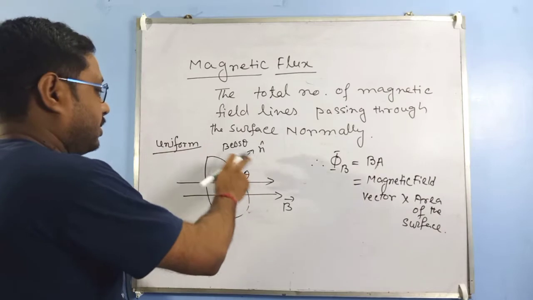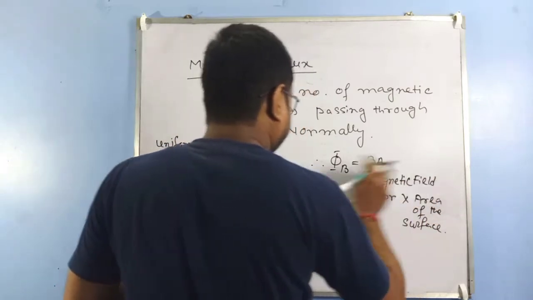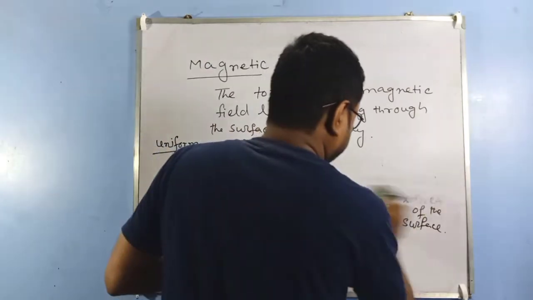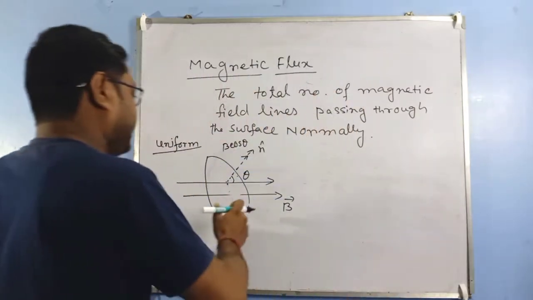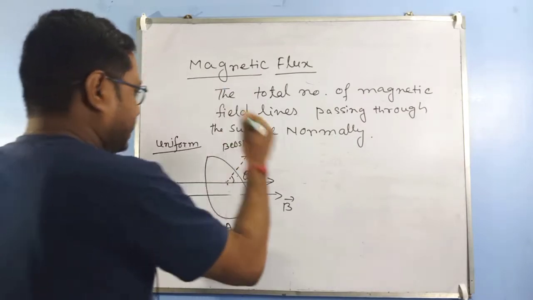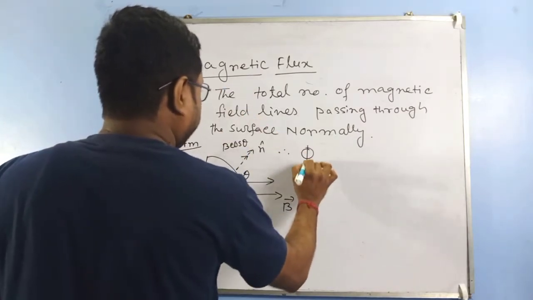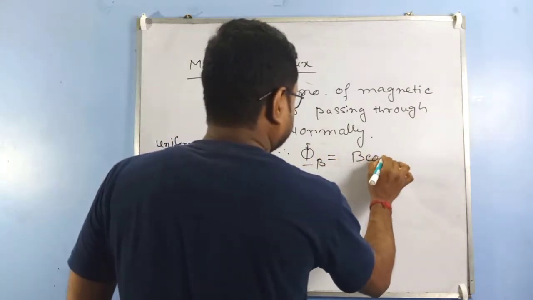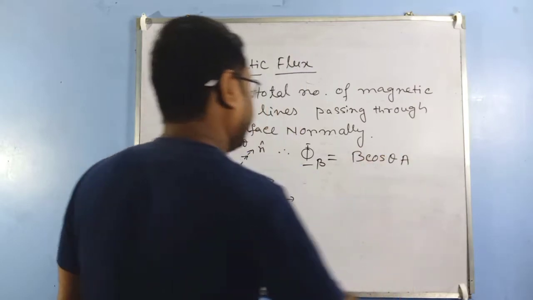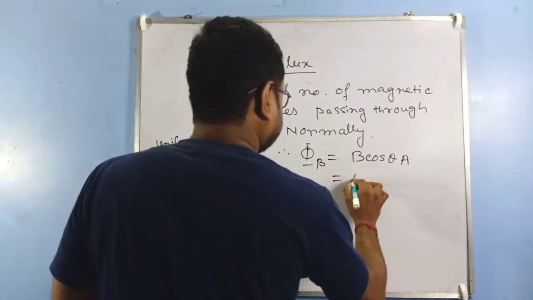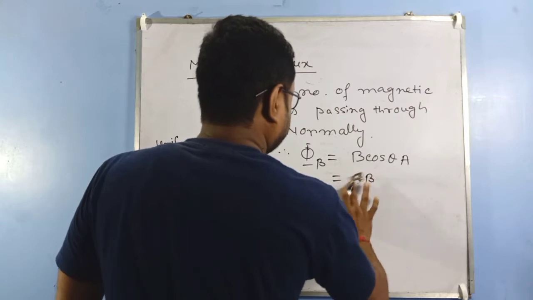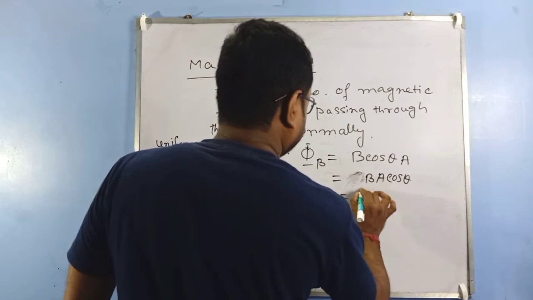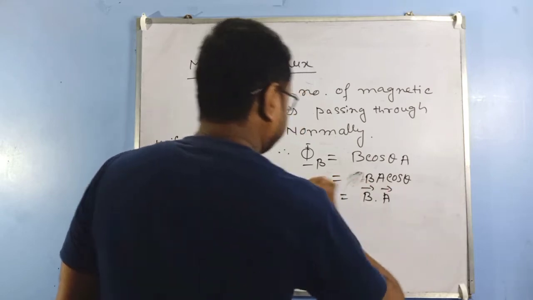So for any surface in which the magnetic field lines are not perpendicular to the surface, we take the normal component of B. Therefore in this case the magnetic flux phi B equals not B but B cos theta times A. So we can write it as BA cos theta, that is B dot A.